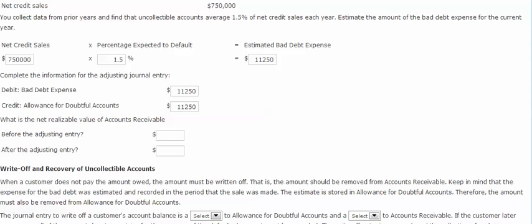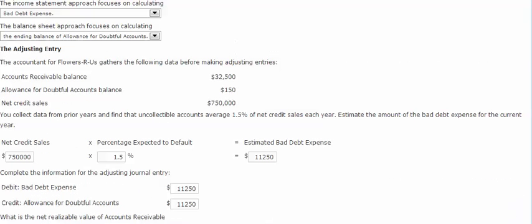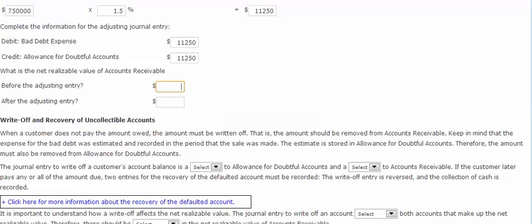What is the net realizable value of accounts receivable for the adjusting entry? Well, before, it's going to be 32,500 minus 150, so 32,350. So I'd put 32,350. That's before my adjustment. Now after the adjustment, I'm going to take that and subtract $11,250.